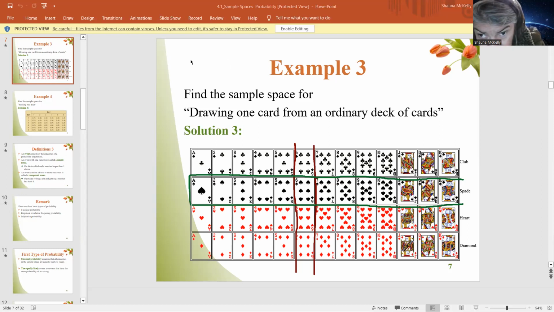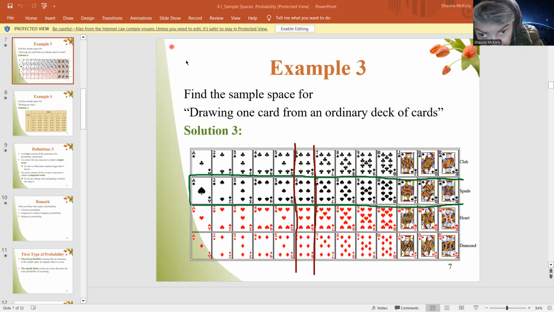So what I have to do is, when I count, I say, well, there's 4 sixes here, and 1, 2, 3, 4, 5, 6, 7, 8, 9, 10, 11, 12, 13. But I don't want to count this 6 of spades twice. So I want to remove 1 card.